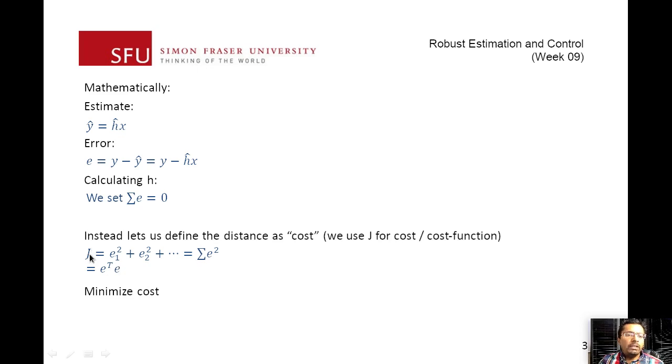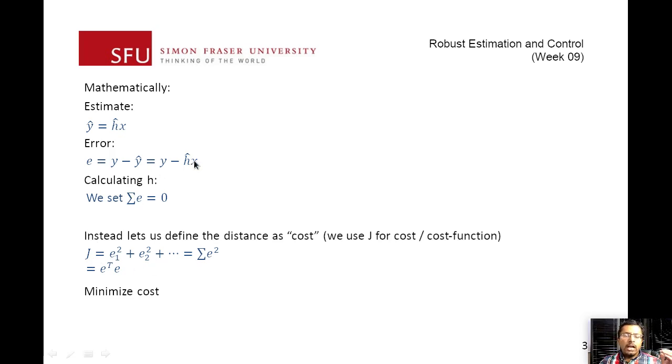Once you have this, I'm going to try to find an h hat that minimizes the inner product, or the sum of the squares of the error. So how do I do that? If you recall from calculus, if you want to minimize with respect to some variable, you take the derivative of the cost function with respect to that variable.